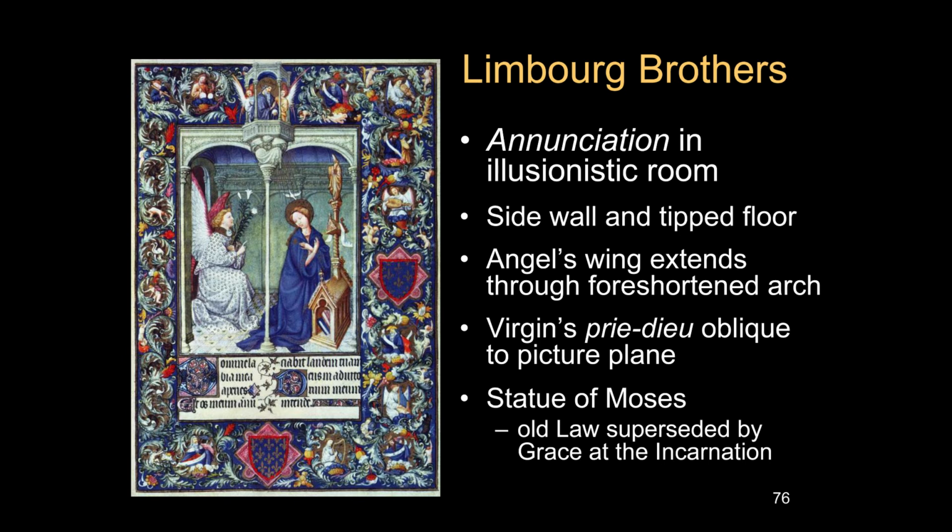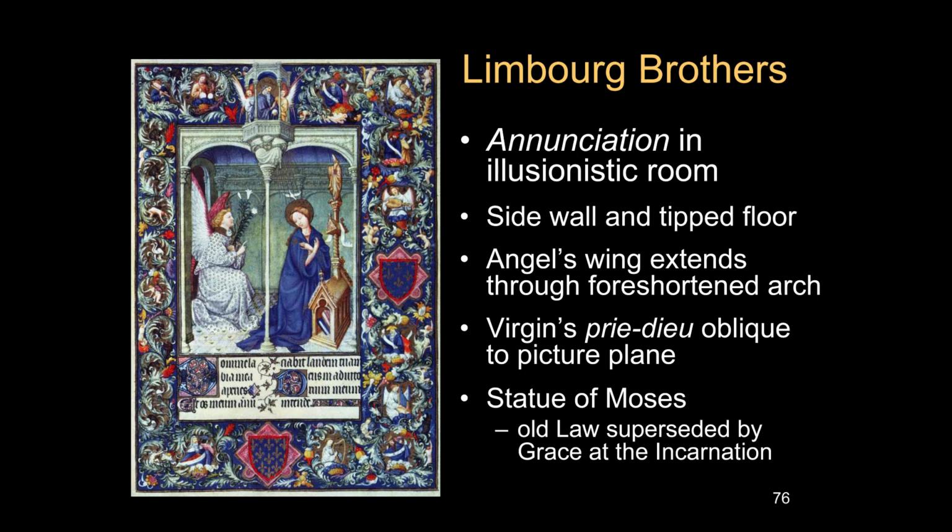You can see that Mary's mantle extends behind the central column, and the angel's wing, we read it as extending out the door or behind the arch. So we do have a back wall that ends it. The floor is somewhat tipped up, as it were, so we can see the pattern of the tiles.